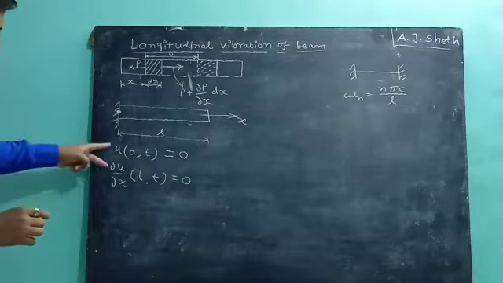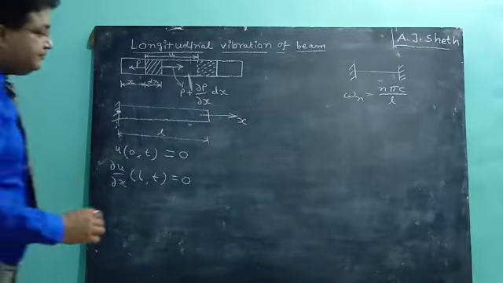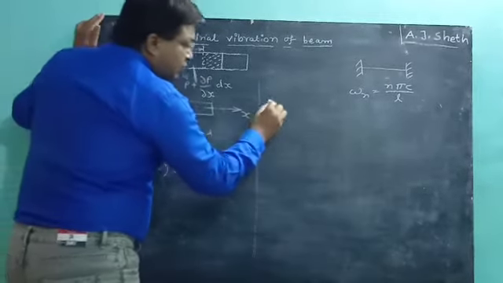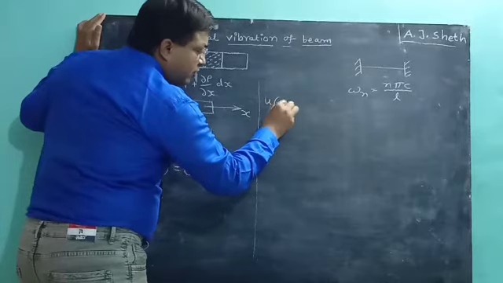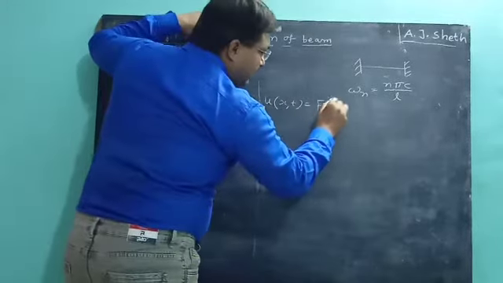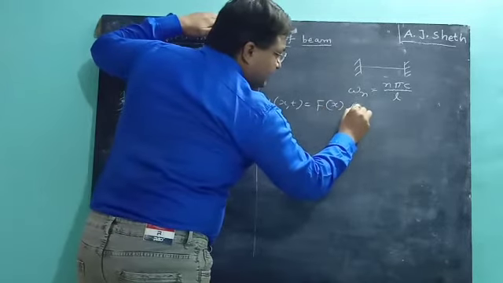Keeping these two in mind, we are going to find the solution. The generalized solution is u(x, t) equal to f(x) and g(t).